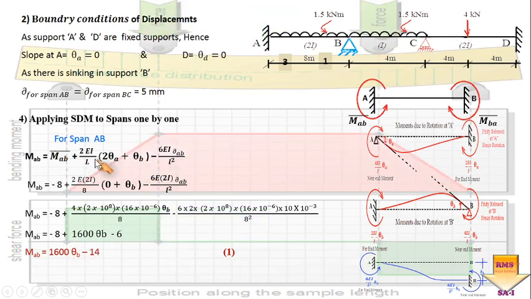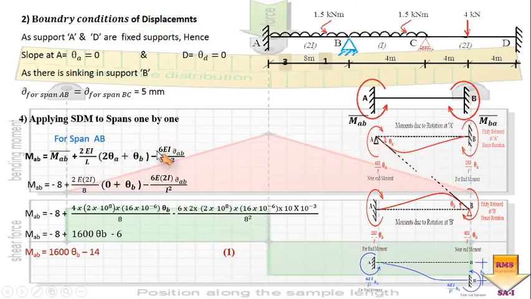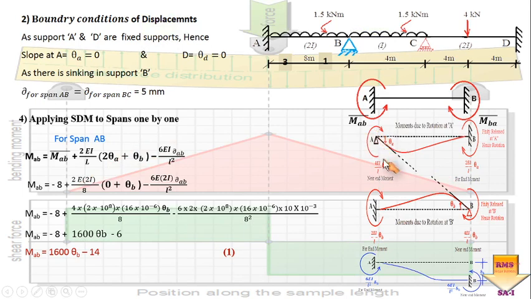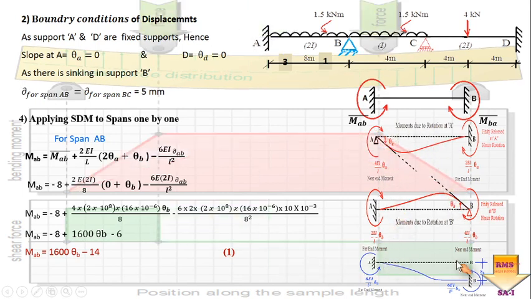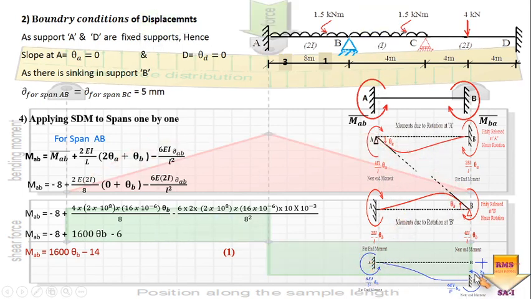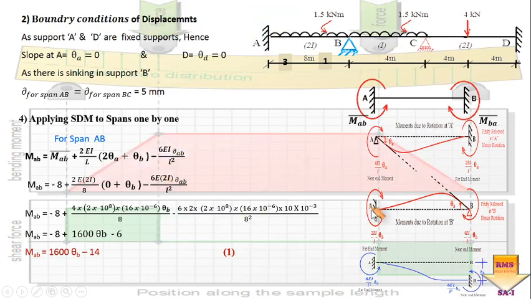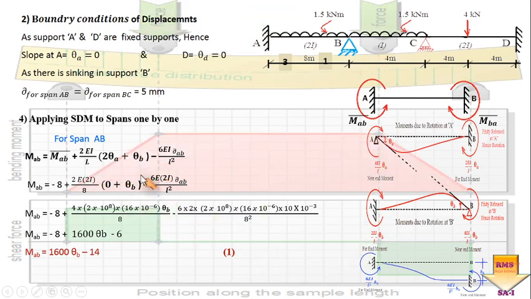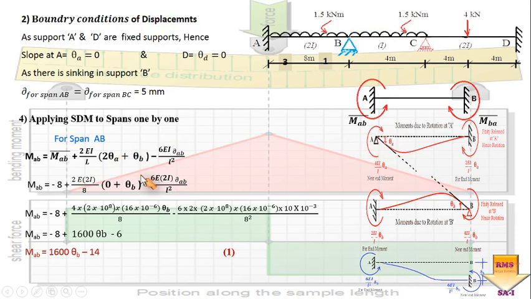The sign conventions for the slopes and sinkings are understood from this diagram: anti-clockwise at both ends is minus, and clockwise is plus. This was already explained in the earlier slide, in the introduction of the slope deflection method.